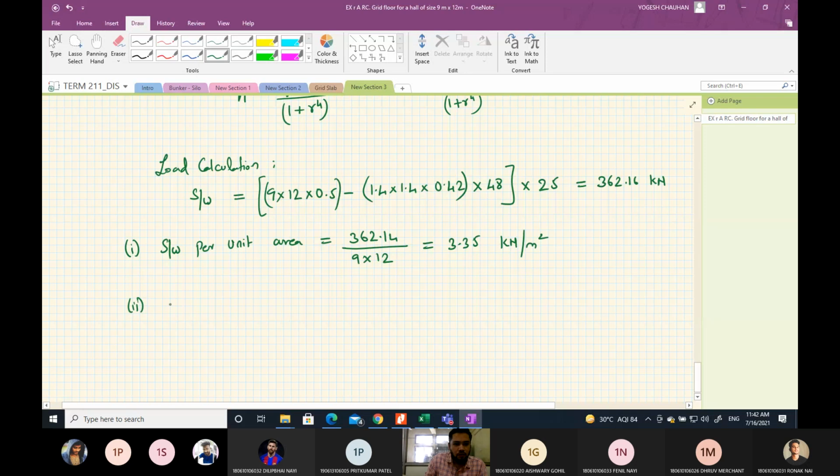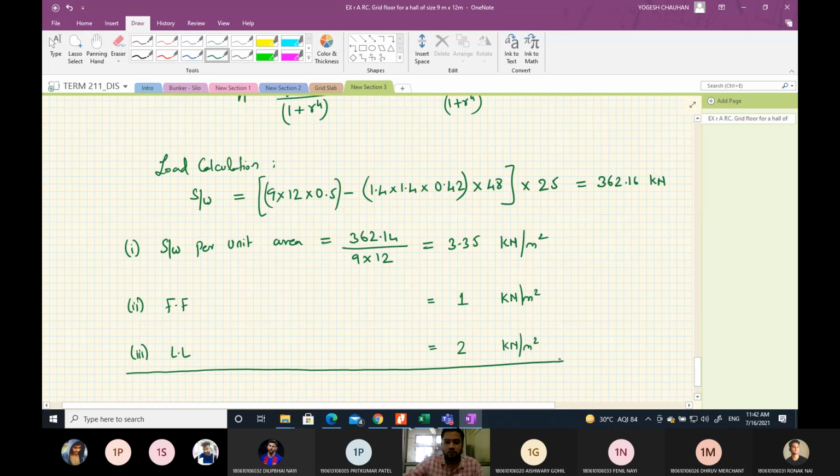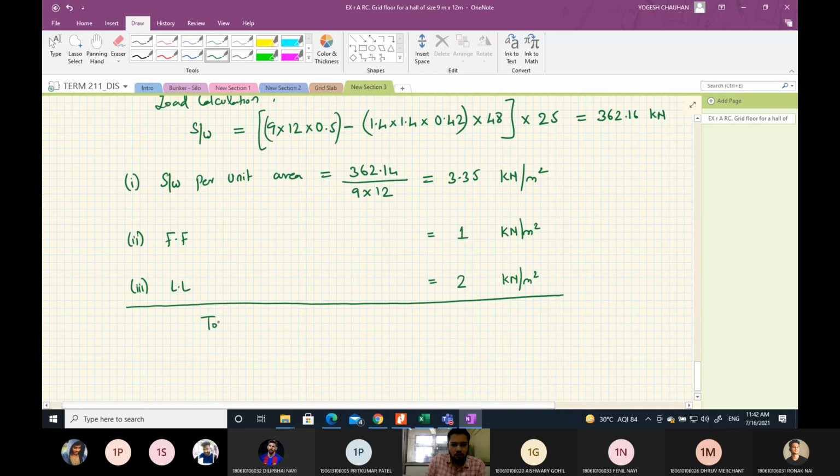Second, we have a load from floor finish, which is equal to 1 kilonewton per square meter. Then we have live load, which is equal to 2 kilonewton per square meter. So the total load will be equal to 6.35 kilonewton per meter square.